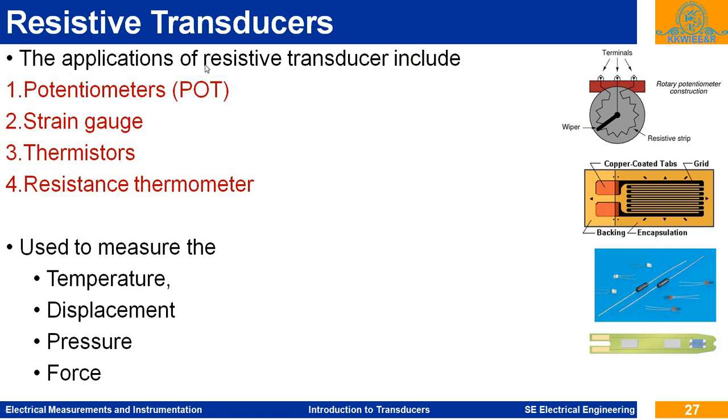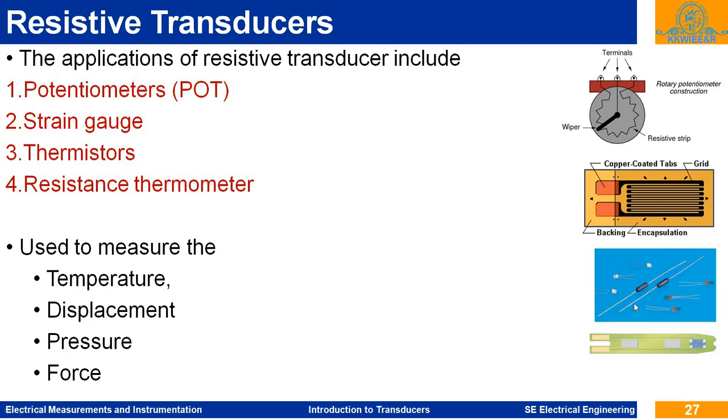There are various applications of these resistive transducers. They include the potentiometer. In robotics applications, with this change in resistance, we can measure angular displacement. Then strain gauge and thermistor. For thermistors, there are positive temperature coefficient and negative temperature coefficient types.